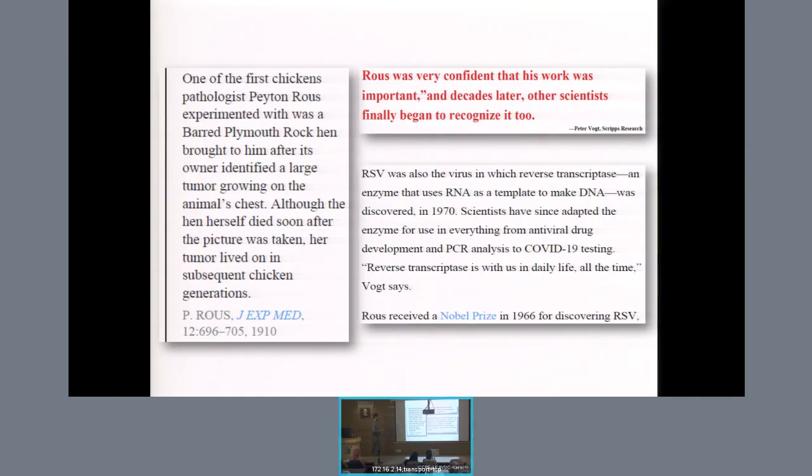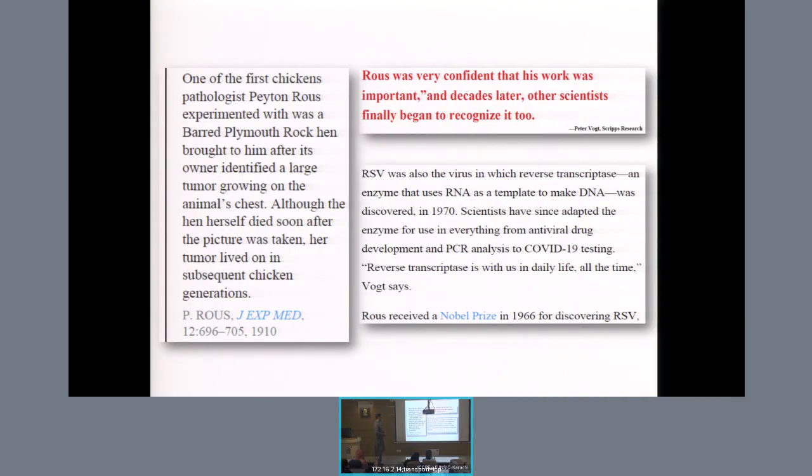So he found that something was transferred from the tumorous chicken into the normal chicken that led to the emergence of tumor in the normal one as well. So Rouse was very confident that his work was important, and decades later, other scientists finally began to recognize it too.